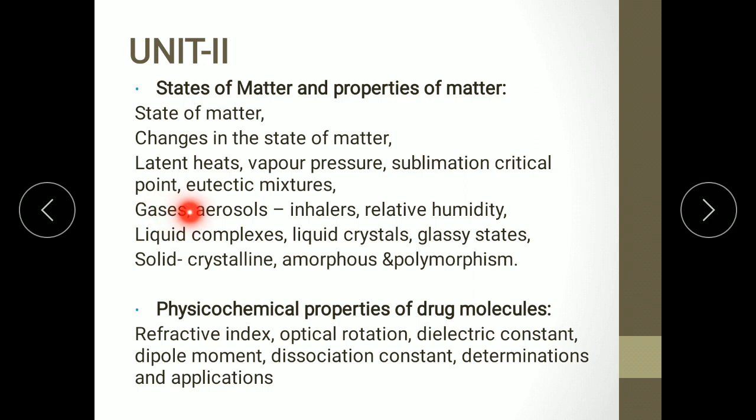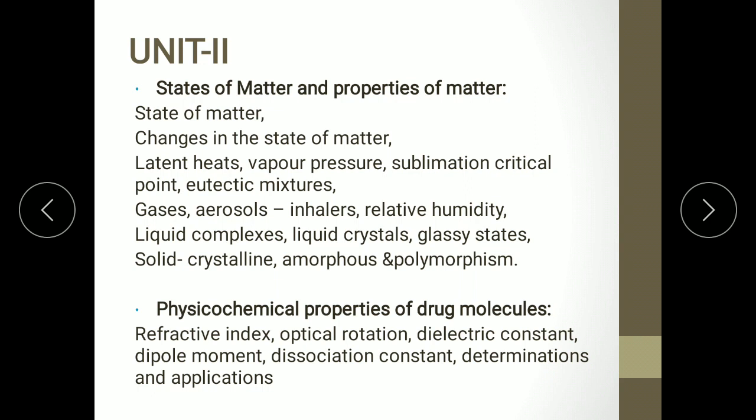Now in gases we have to see different gas laws like Boyle's law, Charles' law, Gay-Lussac's law. Then one more important, the ideal gas equation, we have to see: aerosols, inhalers, then relative humidity, liquid complexes. In liquid complexes again, types of liquid crystals, glassy state, types of glassy state.